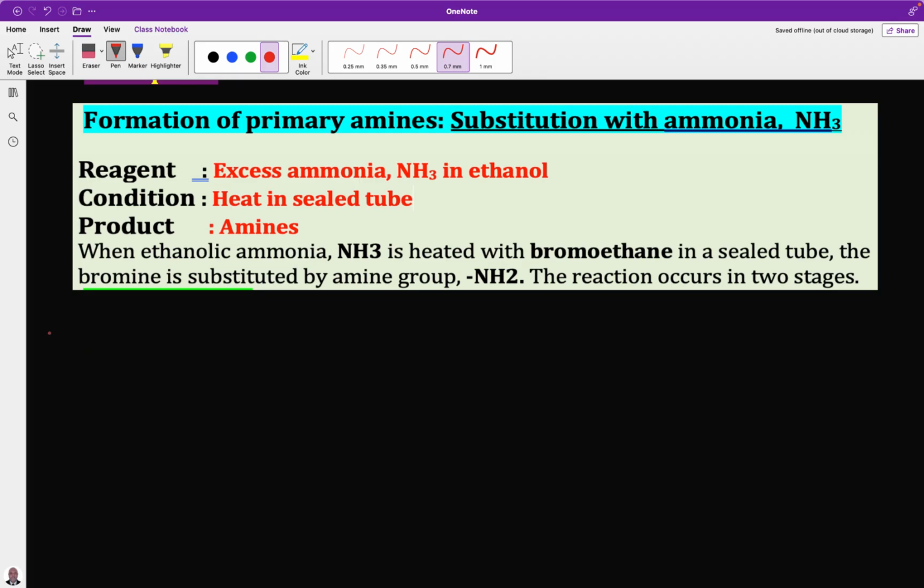Step number one, formation of ethylammonium bromide, because when bromoethane reacts with ammonia, it gives ethylammonium bromide salt.